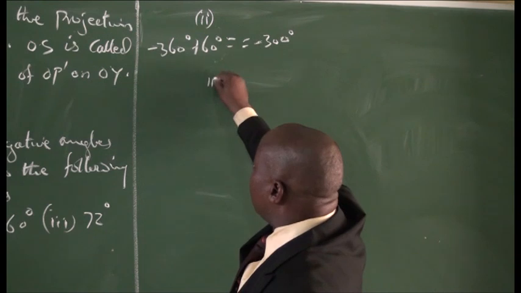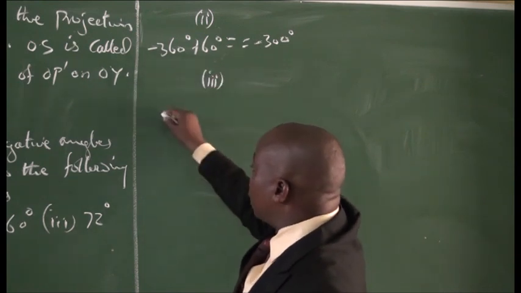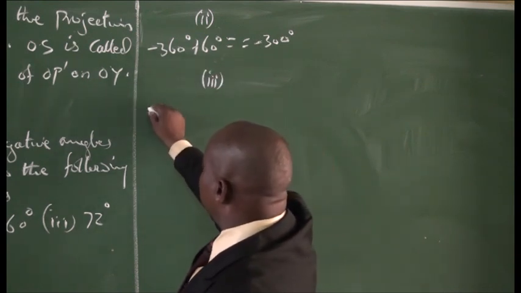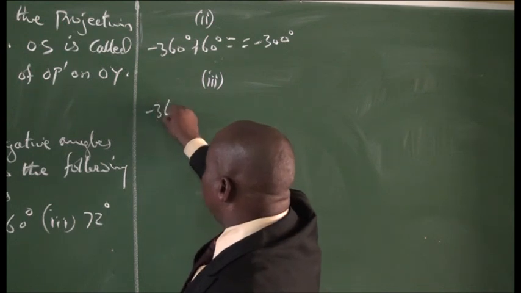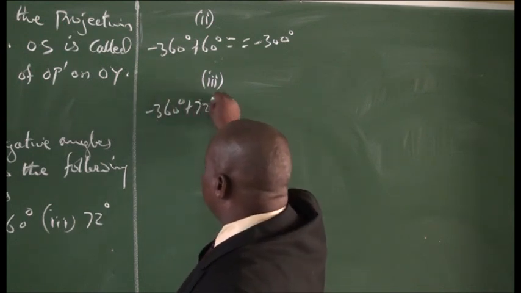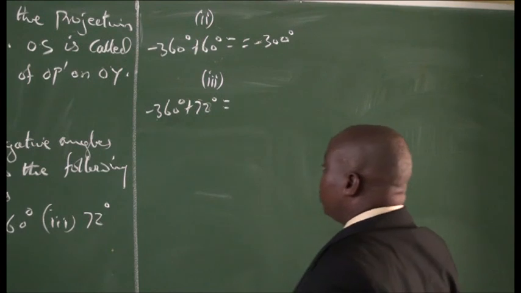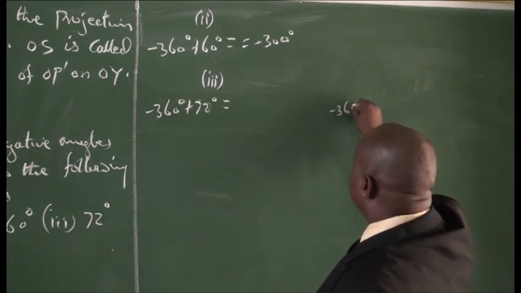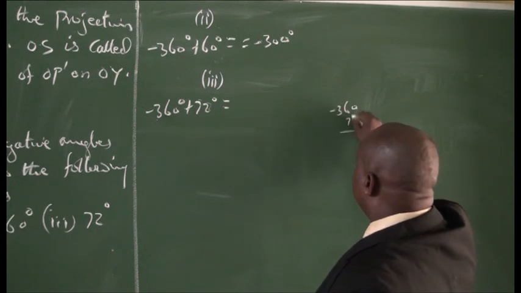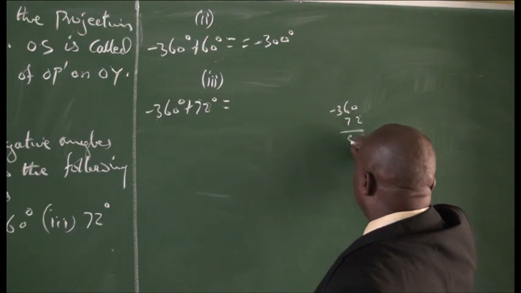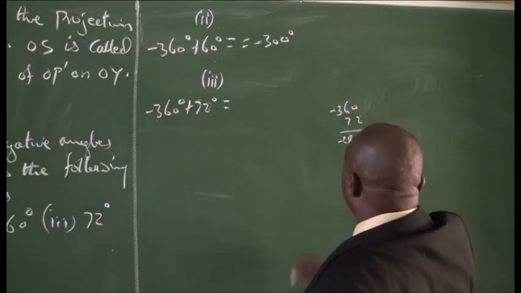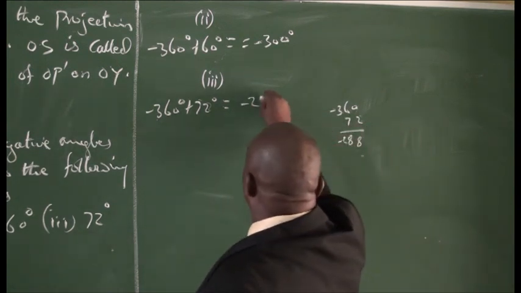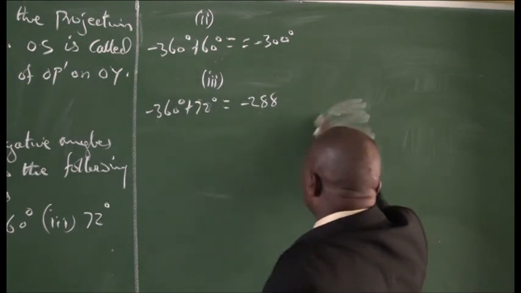Then we go again, three: minus 360 degrees plus 72 degrees gives minus 288 degrees.